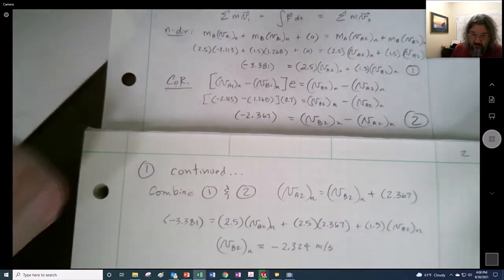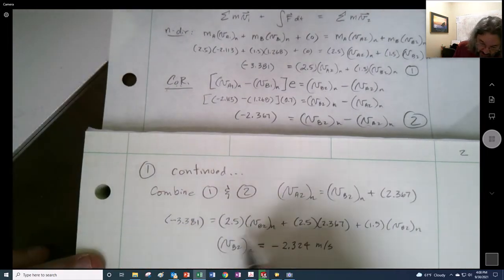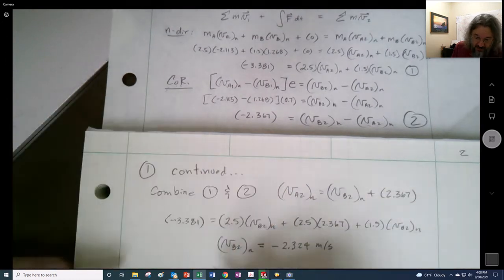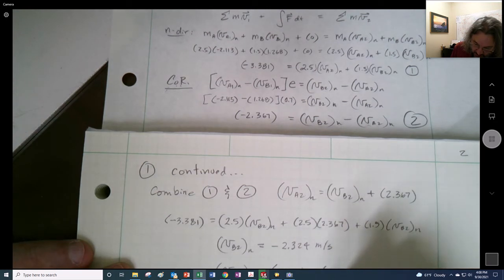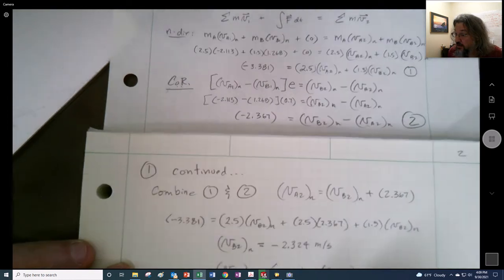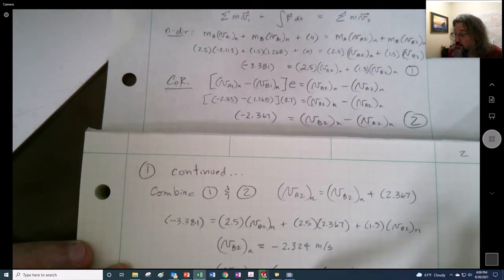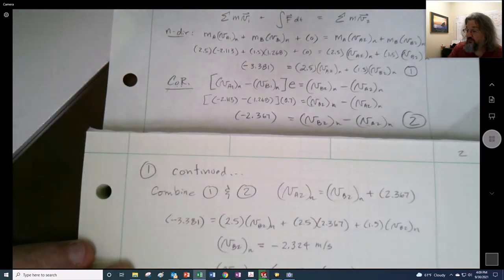So now back up from this, we can find that VA2N is just going to be negative 2.324 plus 2.367. Wow, it really got small, didn't it? Sure enough, yes, it's a very small number.